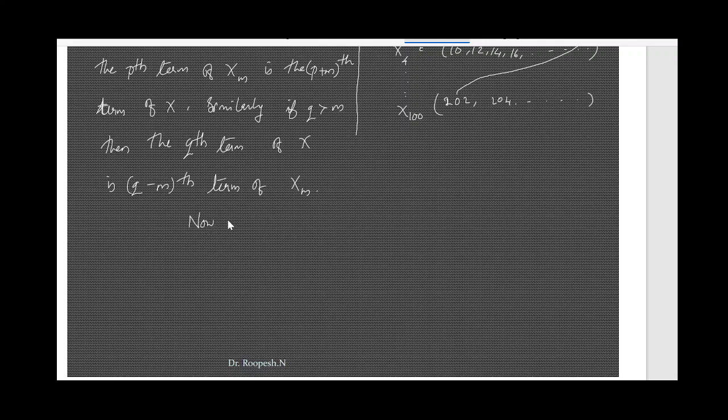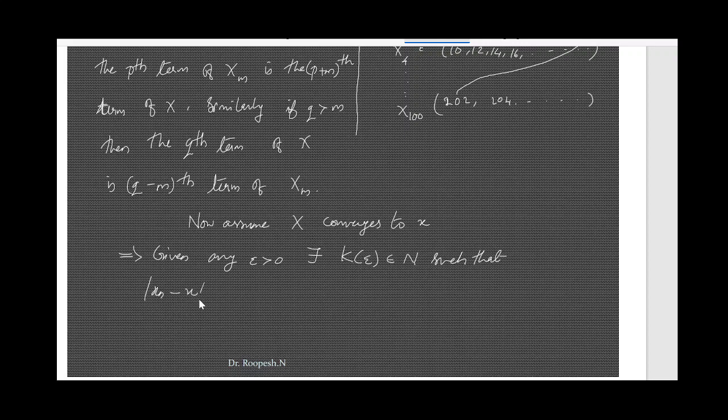Now assume x converges to some x, which implies given any epsilon greater than 0, there exists a natural number k(epsilon) belongs to N such that modulus of x_n minus x is less than epsilon for every n greater than or equal to k(epsilon).